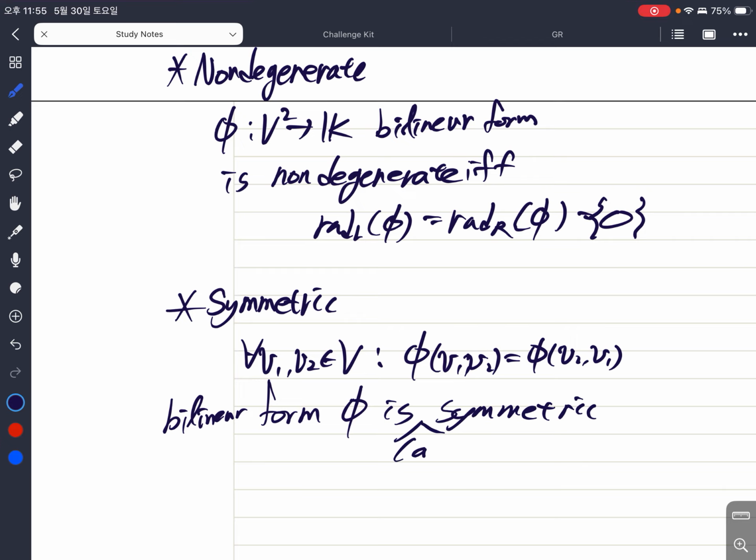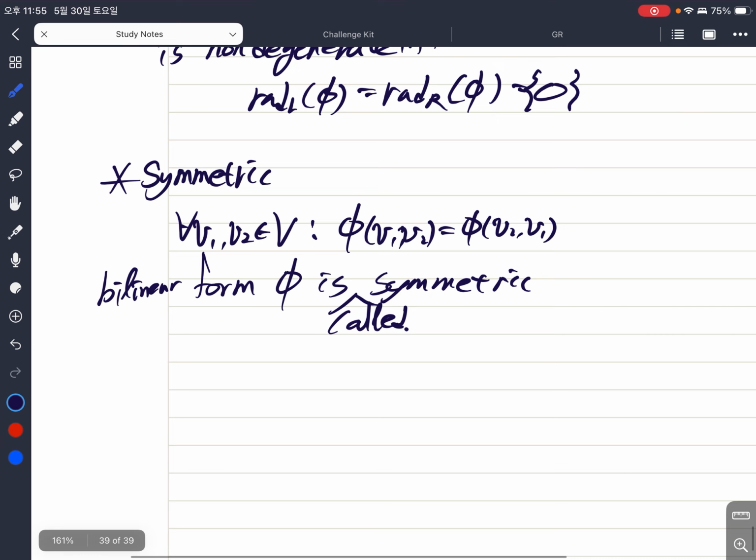This is what we call symmetric for the bilinear case. So we just say phi is a symmetric bilinear form.